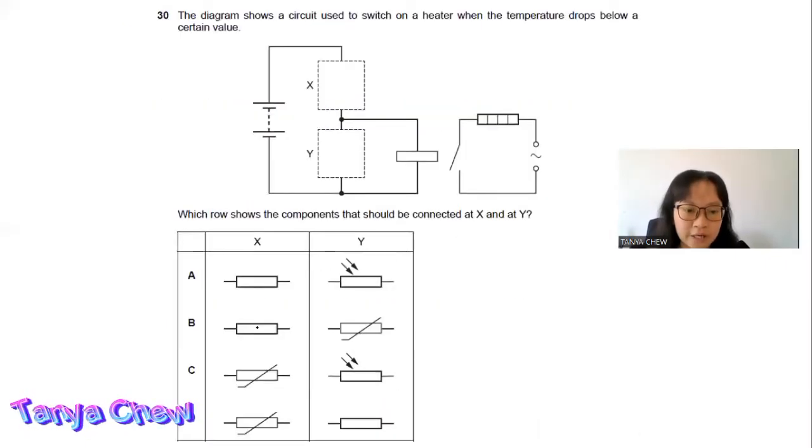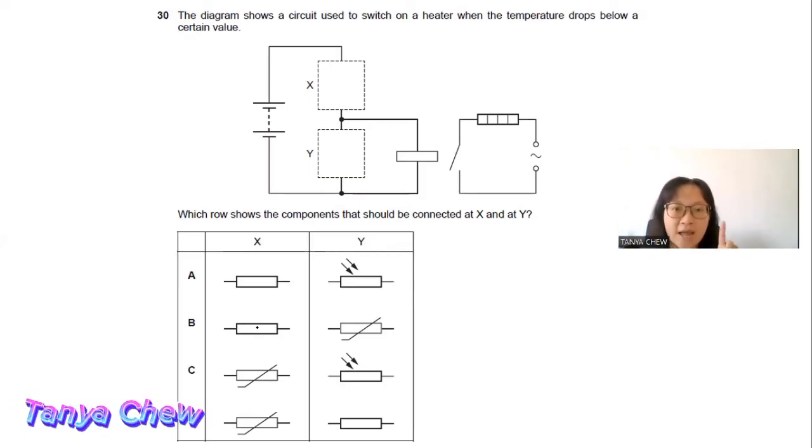Question number 30. The diagram shows the circuit used to switch on a heater when the temperature drops below a certain value. Which row shows the components that could be connected at X and Y? So I look at Y first because this is related to temperature.